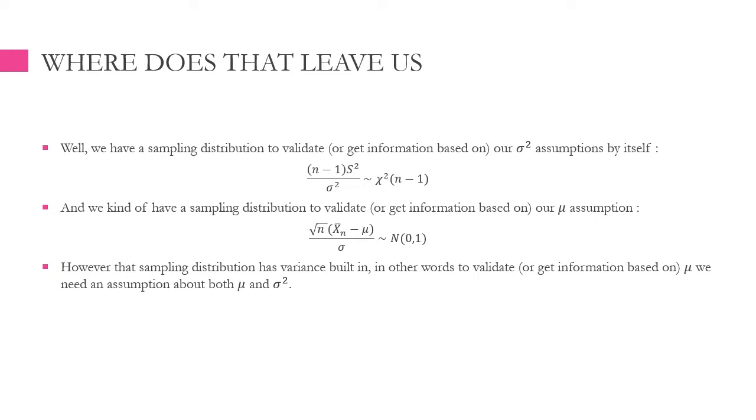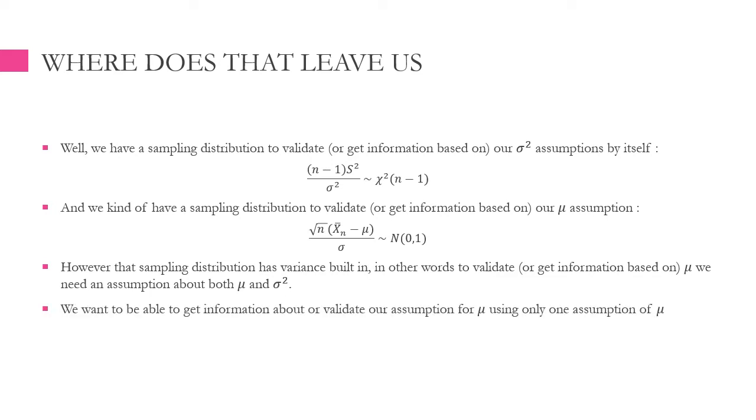So when we want to make inferences about mu, unless we also have sigma squared, using this sampling distribution of square root of n times X n bar minus mu over sigma is less useful than something that just depends on mu. We want to validate our assumption for mu using only the assumption for mu itself, not our assumption of mu and our assumption of sigma squared.